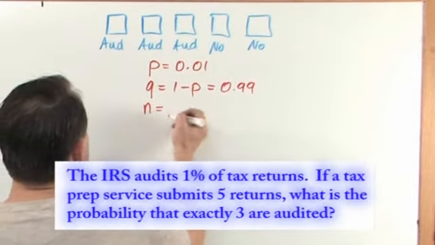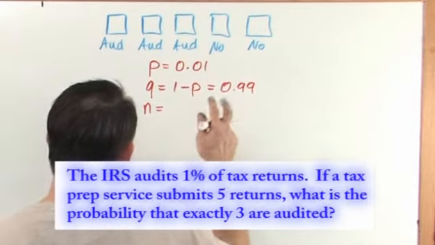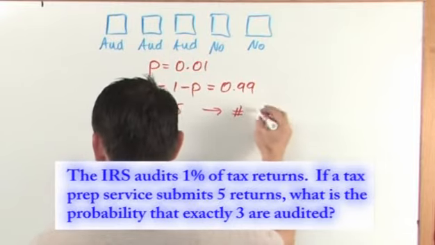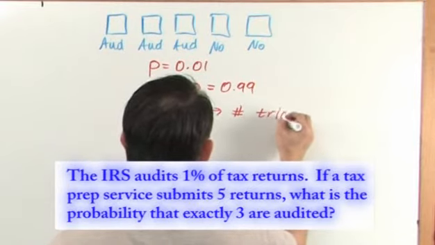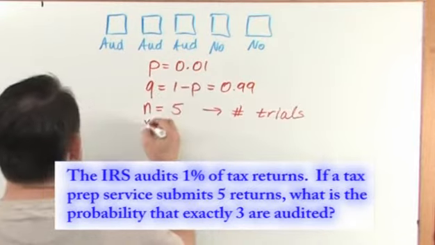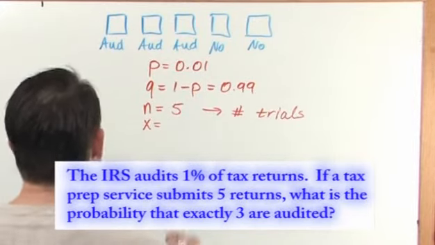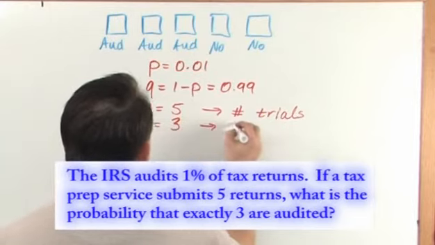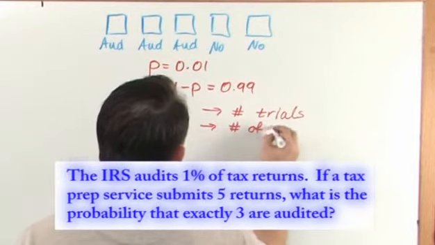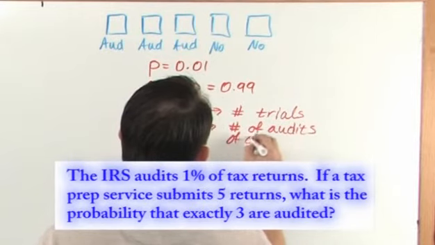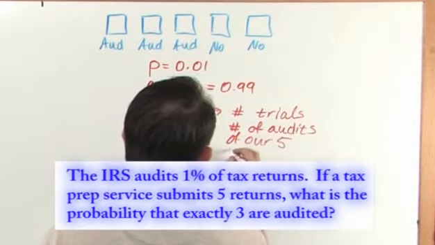N, which is what we always need, is the number of trials, which is 5. So I'm going to put it right here, the number of trials, to help you remember what that is. And X, for this particular problem, is going to be the number of successes within those 5 trials. So it's 3, and that's the number of audits of our 5 submissions.